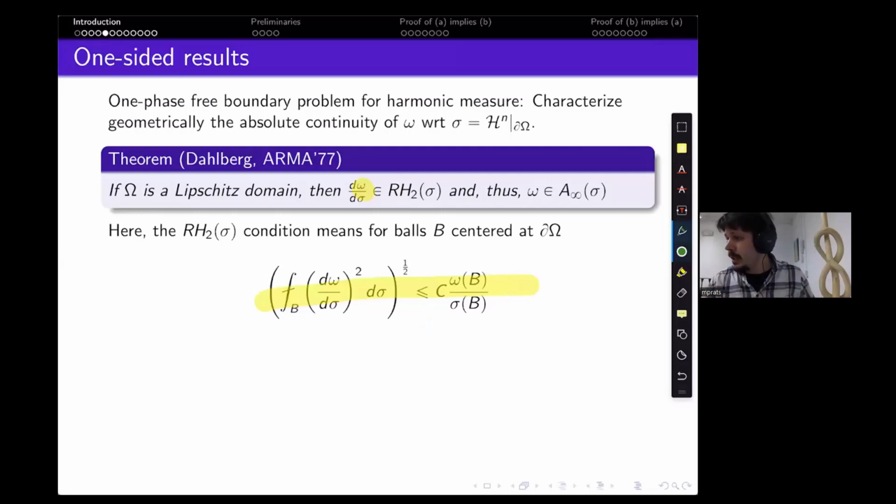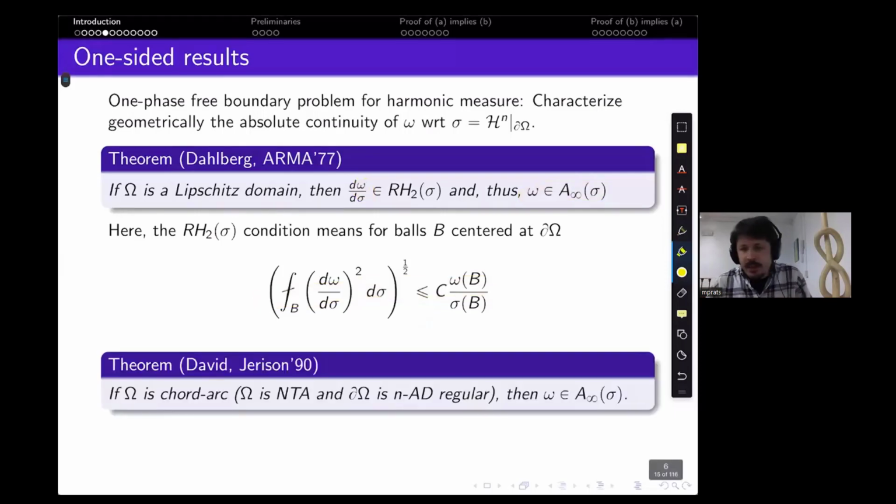That is just a quantitative way of saying that the harmonic measure is mutually absolutely continuous with respect to surface measure. Okay, so this is the first result, a one-sided result in history in this harmonic one-phase free boundary problem, the harmonic measure.